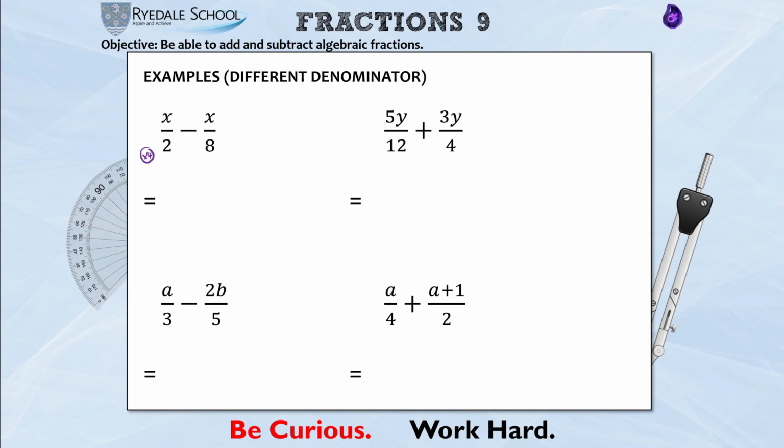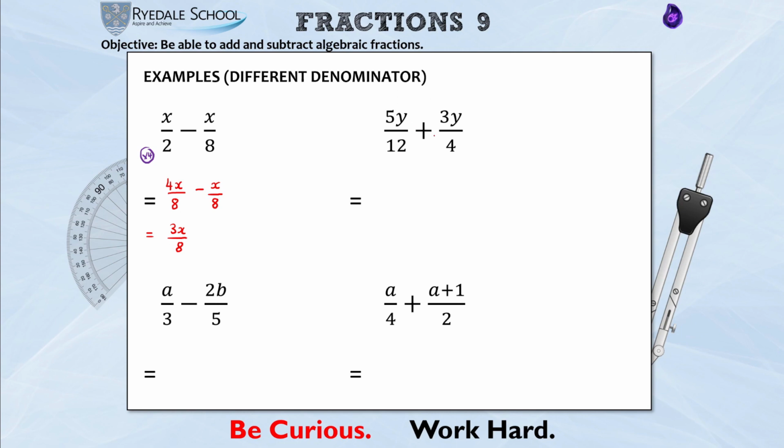Well, I do x times 4, which is just 4x, and 2 times 4, which is 8. So x over 2 is the same as 4x over 8. And if I subtract an x over 8, I will be left with 3x's over 8.